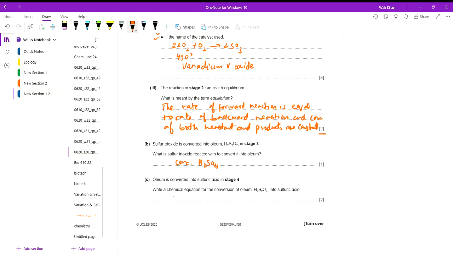So write it down. H2S2O7 plus H2O gives H2SO4, and we will balance it. So it is 2H2SO4. Here we will have 8 oxygen complete, 7 here and 1 here, 4 hydrogen complete, and sulfur is also balanced.